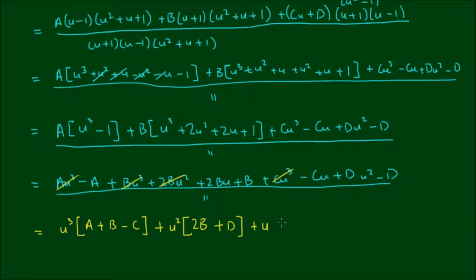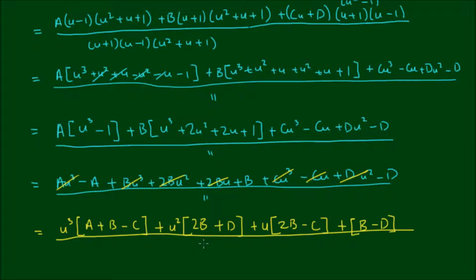Now factorising a u, I will get 2b minus c. Okay, this u squared term has been eliminated, and what we're left with is b minus d, all over the denominator as above.